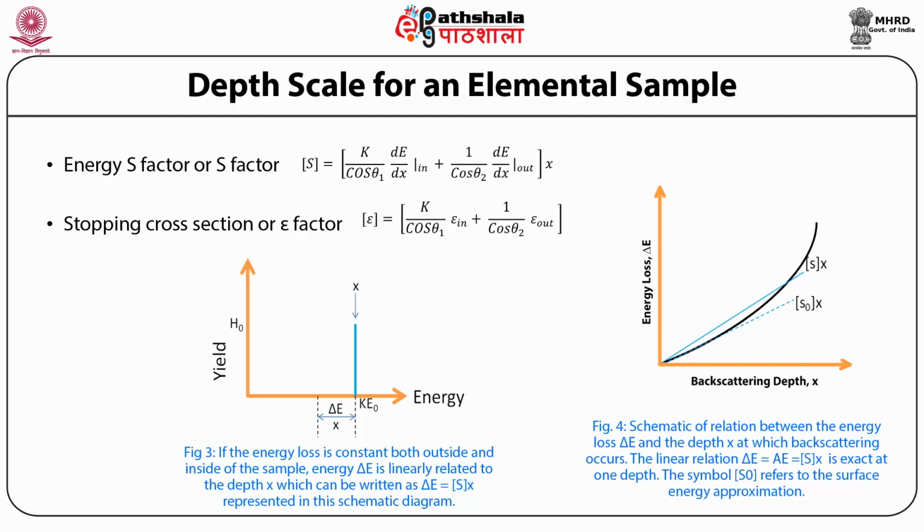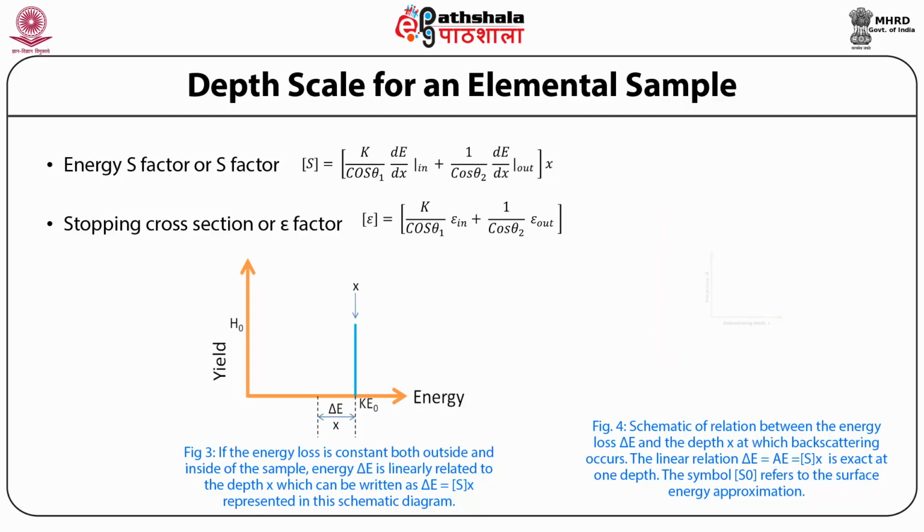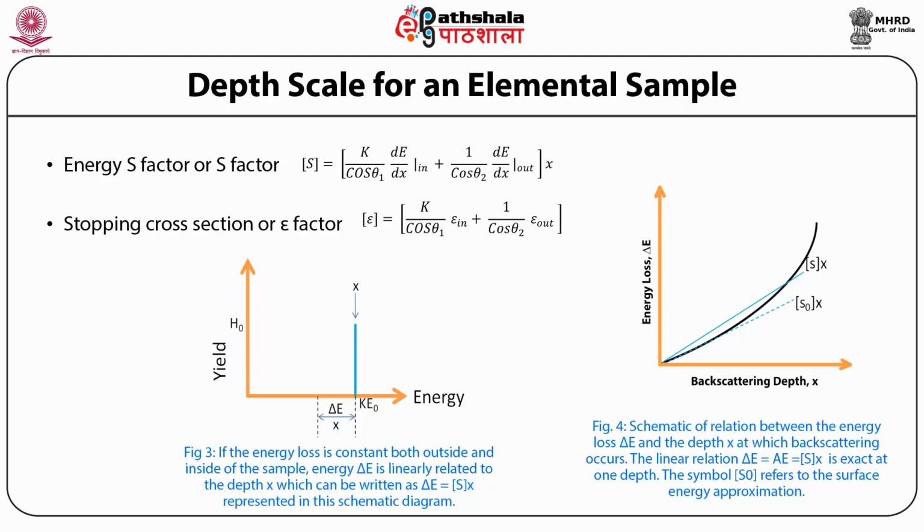If the energy loss is constant both outside and inside of the sample, the energy ΔE is linearly related to the depth x, which can be written as ΔE = S times x, represented in the schematic diagram, figure 3.